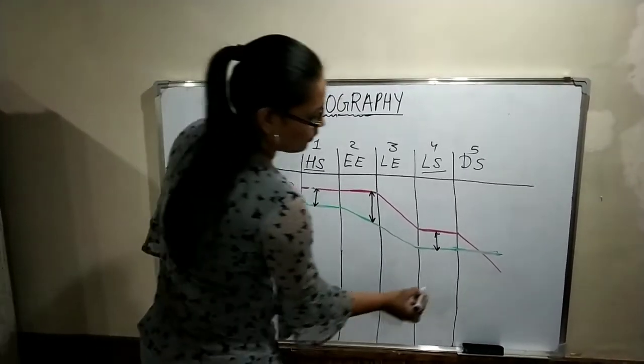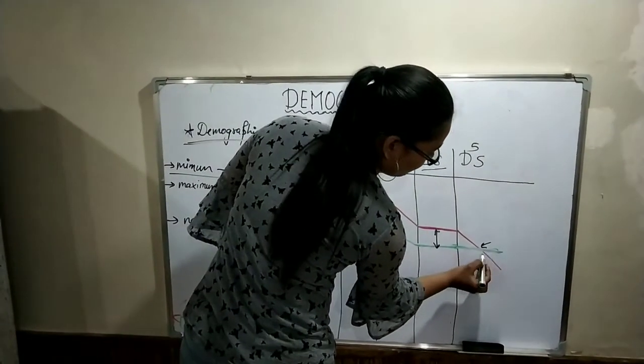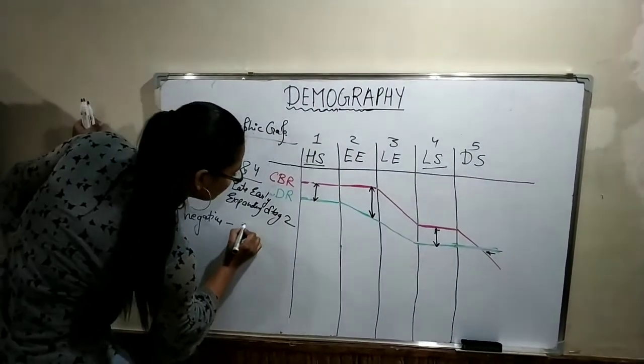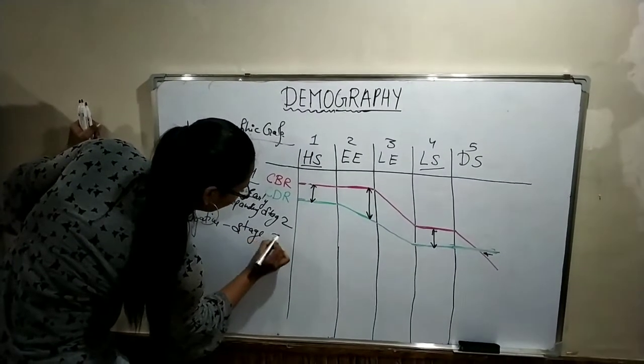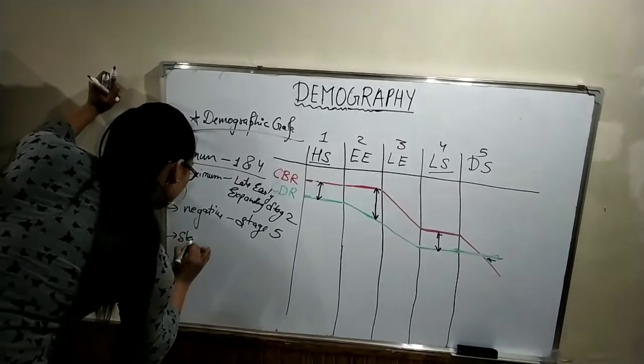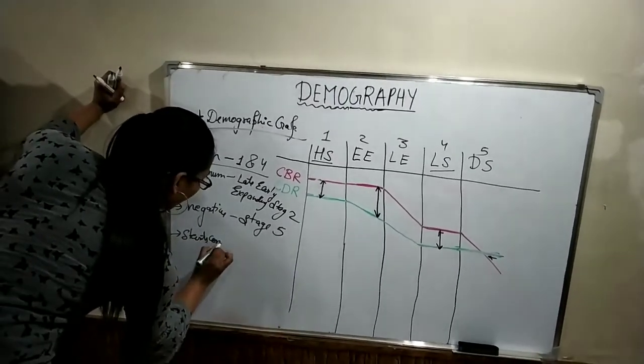It is negative here. Here it becomes negative. So it is stage 5. And it starts to contract.